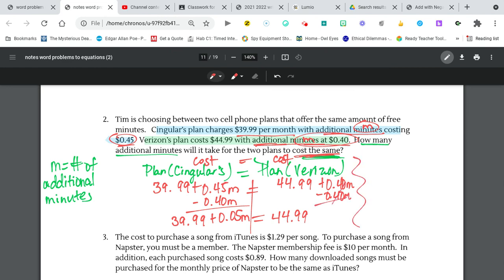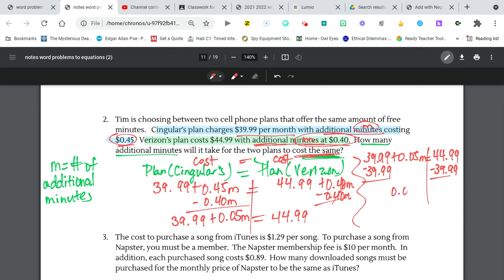Now let's see if I can get it to fit. $39.99 plus 5 cents M equals $44.99. That's better. All right, I'm going to solve the two-step by subtracting $39.99 from both sides.